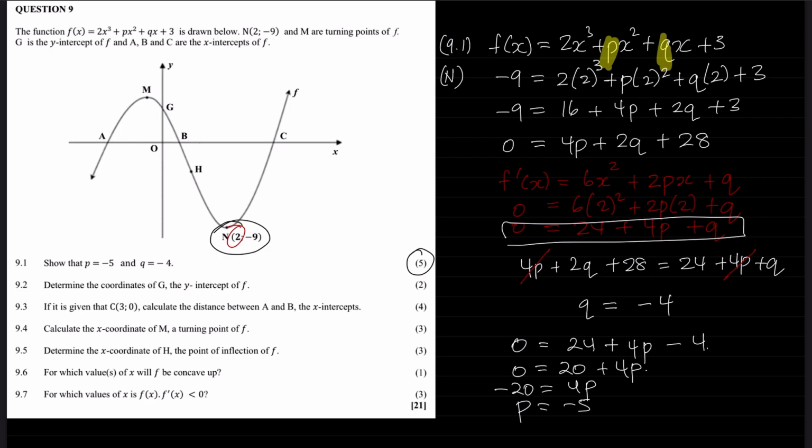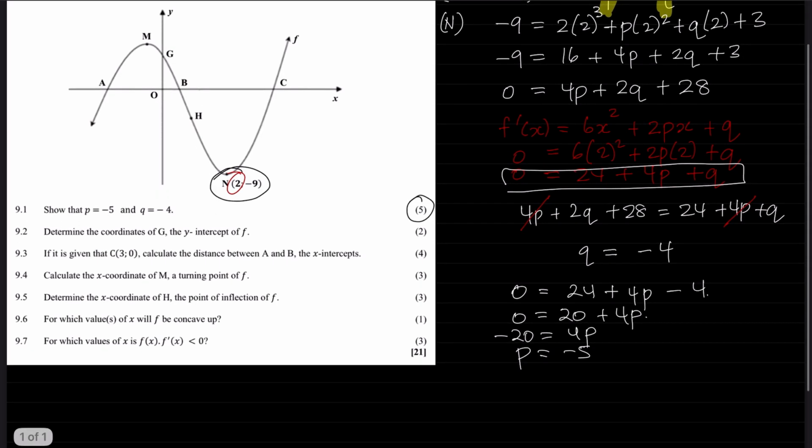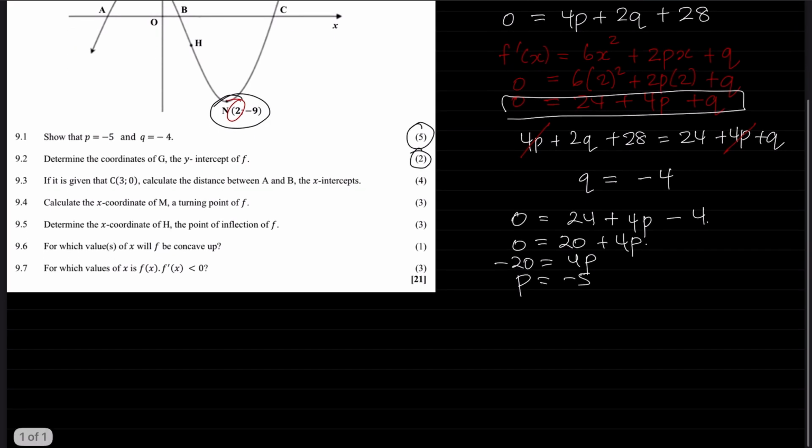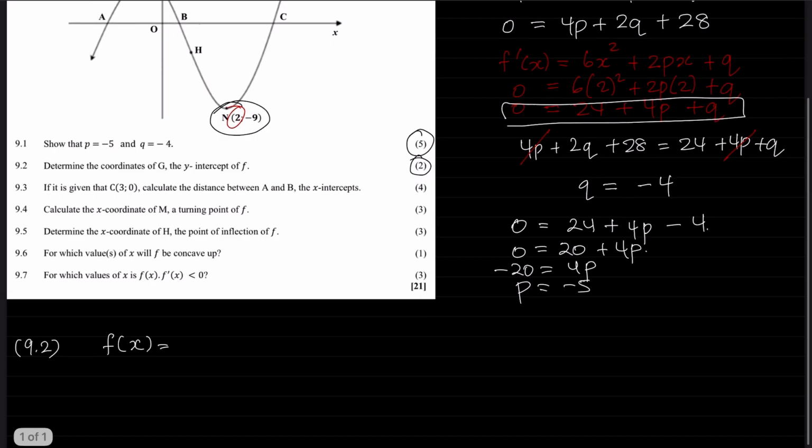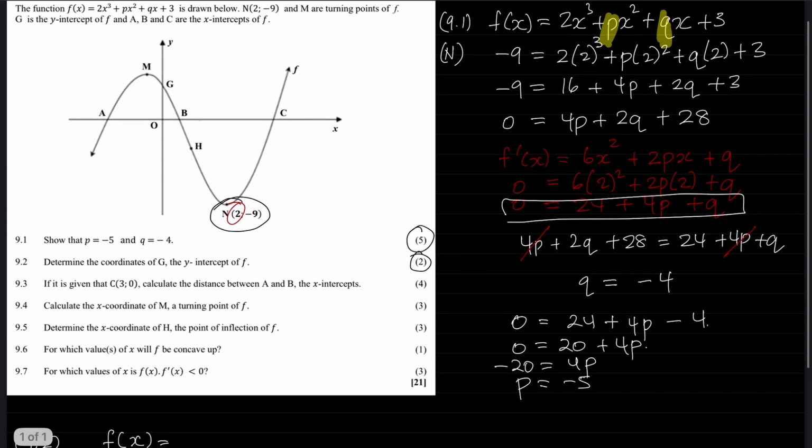Let's look at question 9.2. Determine the coordinates of G, the y-intercept of f. Okay? So for 2 marks, let's look at how we can solve. So 9.2, my equation now is f of x is equal to 2x to the power of 3 minus 5x squared minus 4x plus 3.